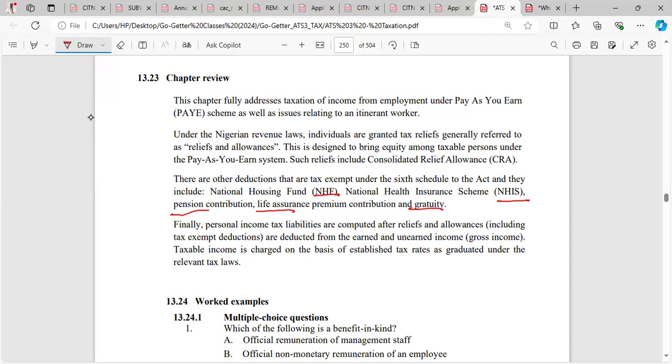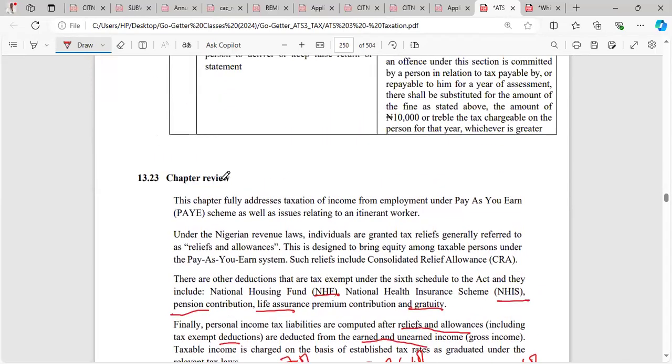Then we saw personal income tax liabilities are computed after reliefs and allowances, including tax exempt deductions, are deducted from the earned and the unearned income. And we saw the rate of tax from 7% down to 24%. We also saw minimum tax, which is 1% of your gross income, of your total income.